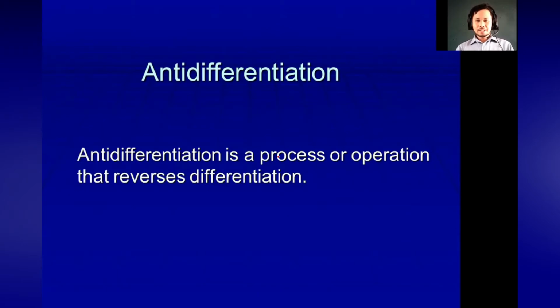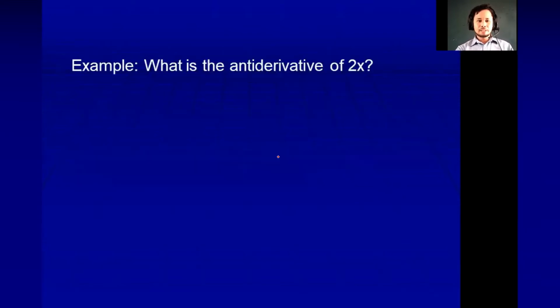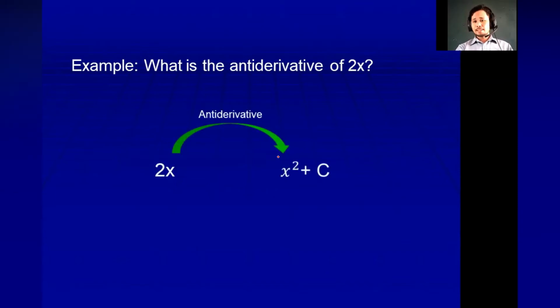To understand clearly and visualize the relationship between anti-differentiation and differentiation, let us have an example. What is the antiderivative of 2x? If you're asked to find the antiderivative of 2x, then that is equal to x squared plus c.